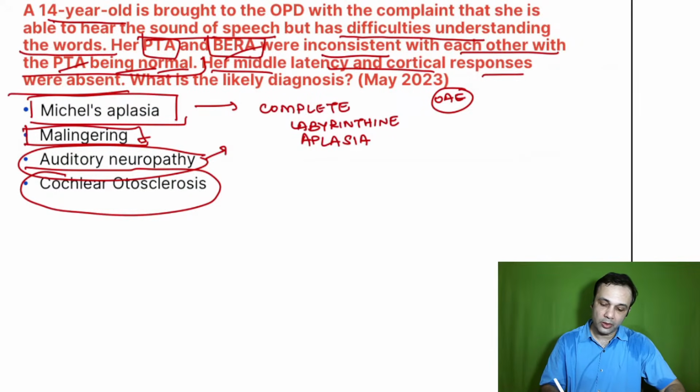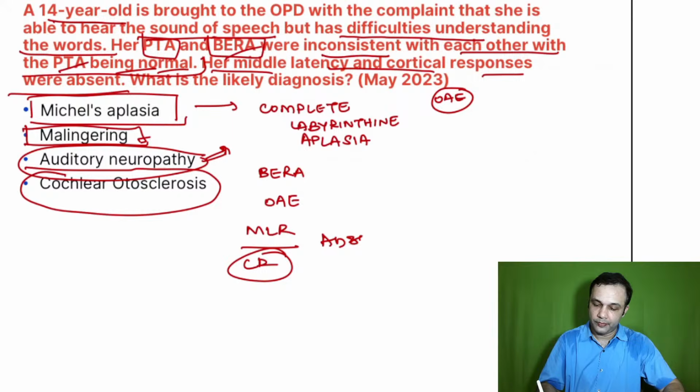So when you're looking at an auditory neuropathic disorder, what happens to the BERA? Can anyone answer that? What happens to BERA? What happens to otoacoustic emission? What happens to middle latency cortical responses? Like it is mentioned in this particular multiple choice, middle latency and cortical responses are absent.